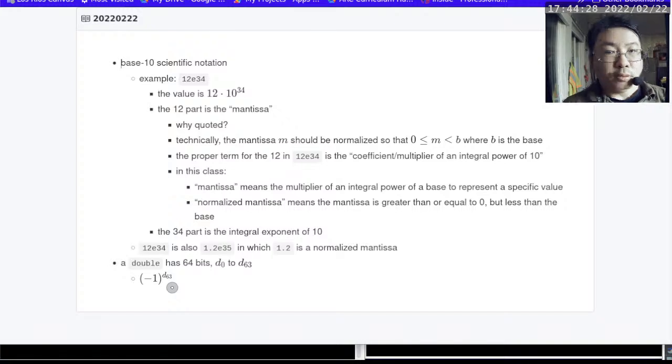If you don't like this format, you can always use a ternary expression and say, if D63 is a 1, then use the value of -1, otherwise use the value of 1, and then put parentheses around that ternary expression. It would mean exactly the same thing.